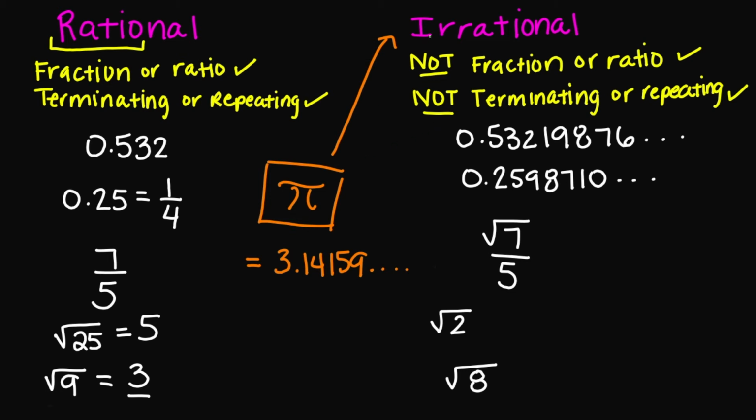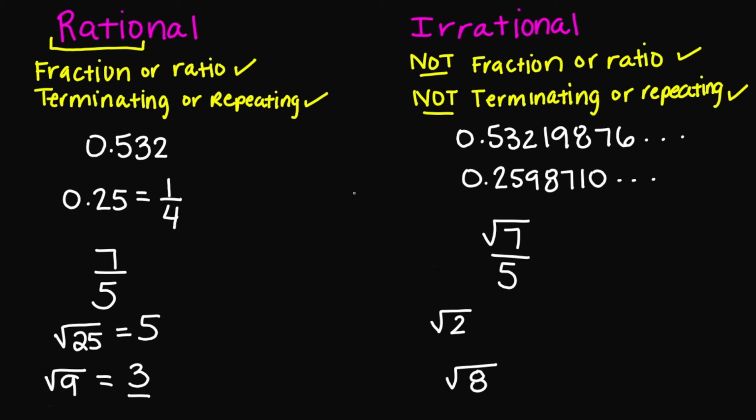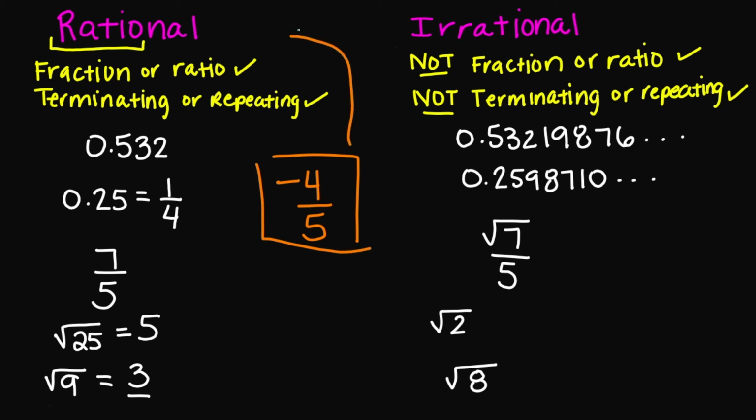So pi is irrational. What about -4/5? Is -4/5 rational or irrational? -4/5 is rational because -4/5 is expressed as a fraction or a ratio.